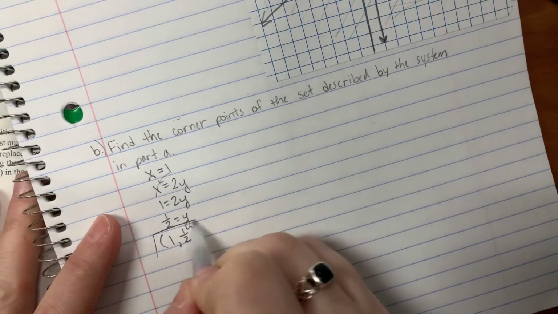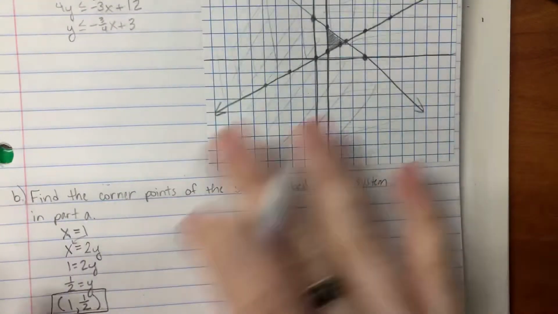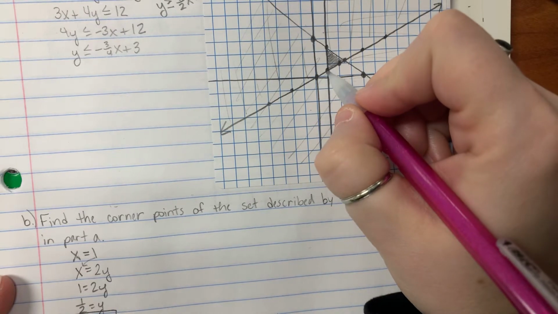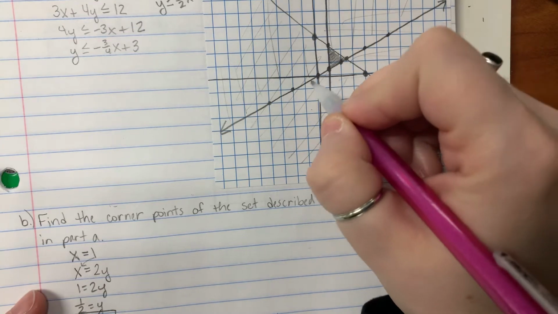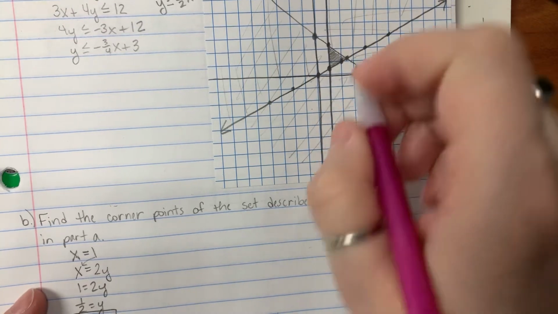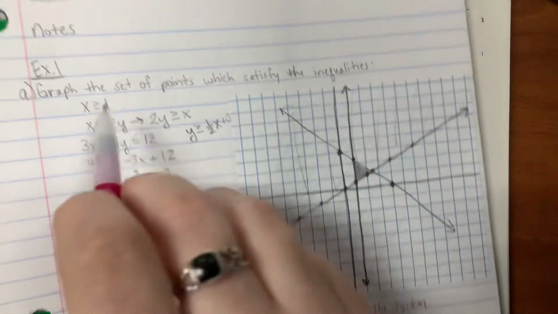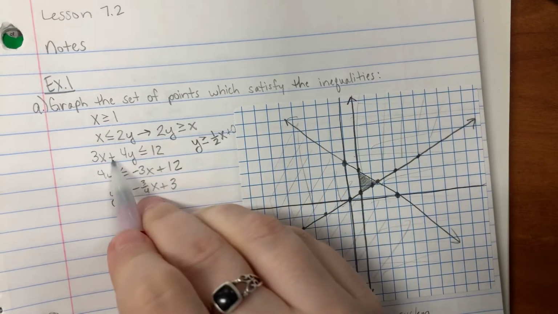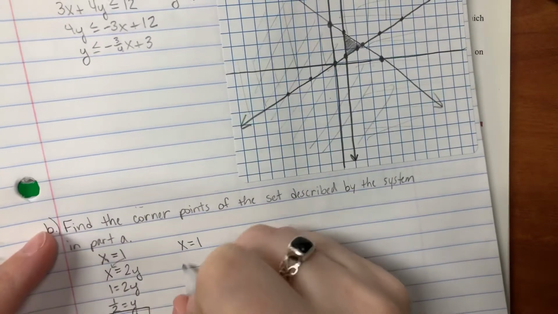Okay, that's one of them then. Sometimes in these problems, they will ask you for specific ones. They'll say like, this point right here is point P, and we want you to find that point. So in that case, you just need to find the intersection of those 2 equations. My second set, let's stick with x equals 1 for a second. The other one was 3x plus 4y equals 12.